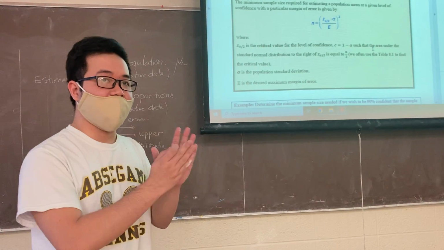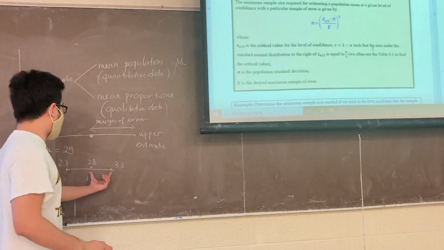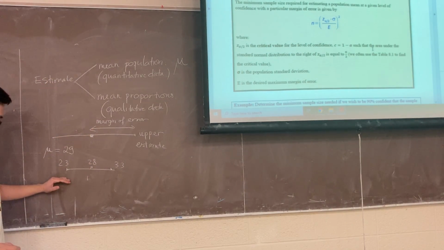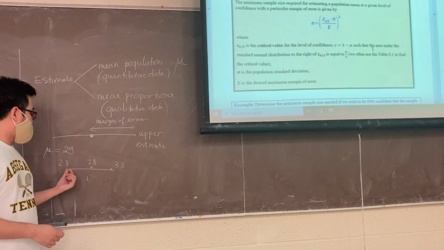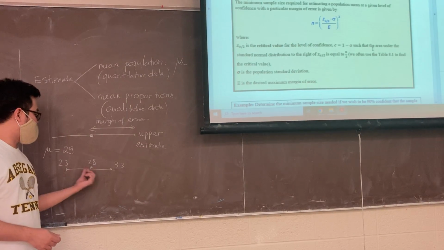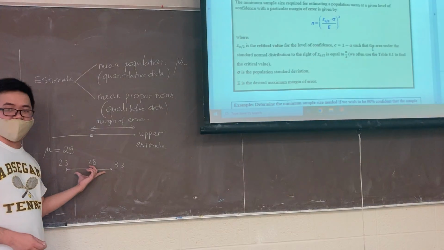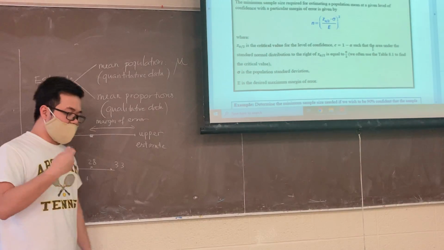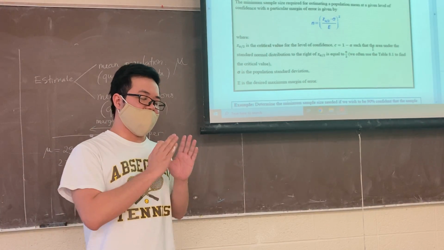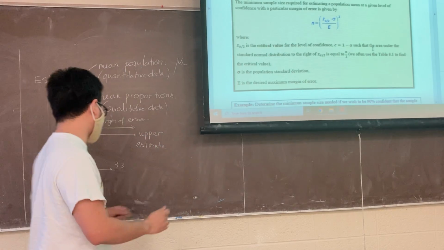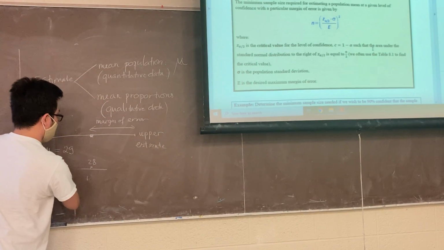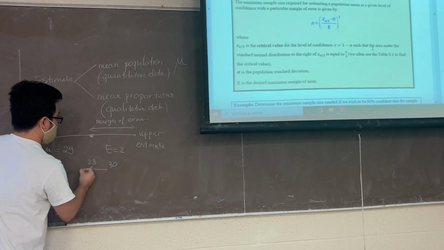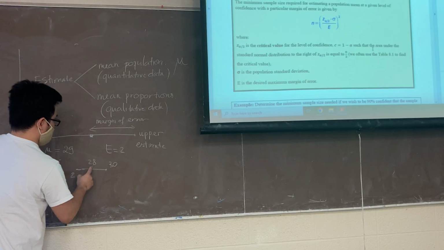If the margin of error is large, the interval is large, right? And in this case, we will have a lot of values in this interval. Now I want the margin of error to be small. If I get a margin of error of, for example, 2, I only get the interval from 26 to 30.